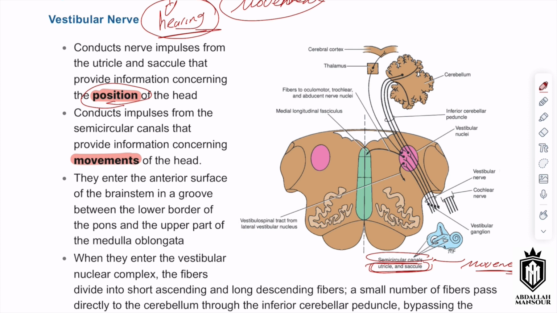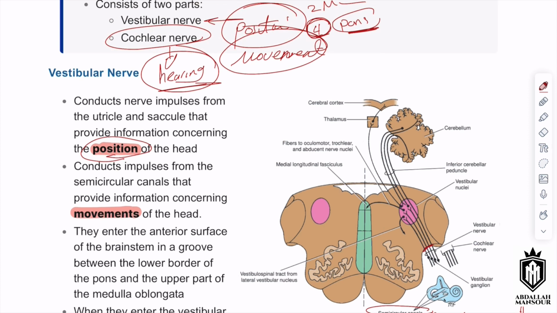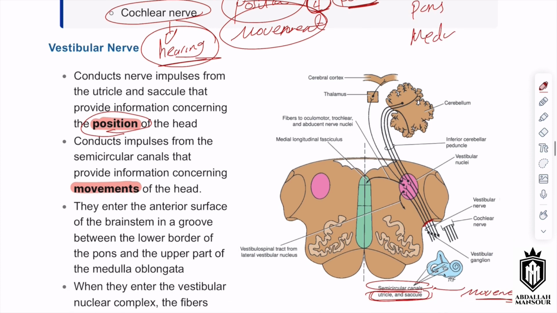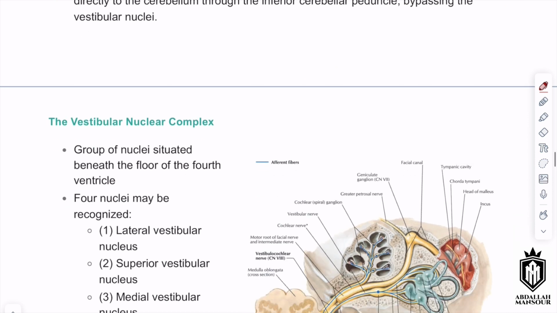So it will all come from those two, and then the fibers will enter the anterior surface of the brainstem, just in a groove between, we mentioned it earlier, the pons and the medulla, and then they will end up in the vestibular nuclei. And we have 2 vestibular nuclei.